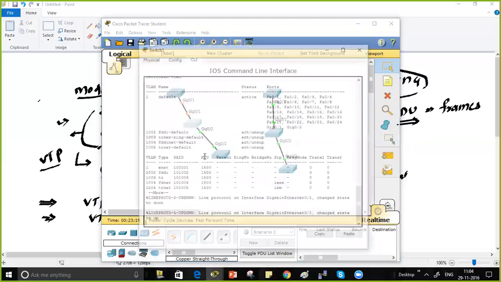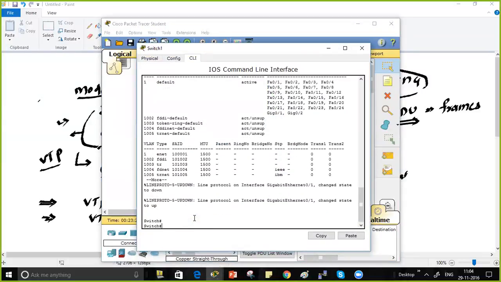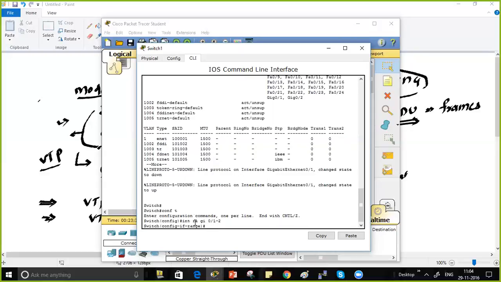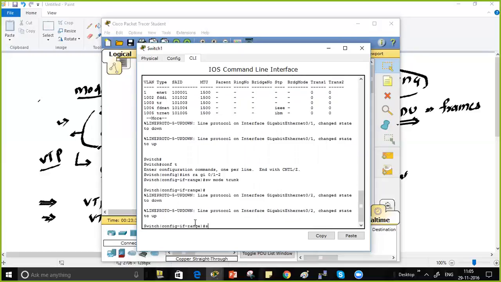Now here also I am giving interface range gigabit 0/1 to 2, switchport mode trunk, and switchport trunk allowed VLAN all.